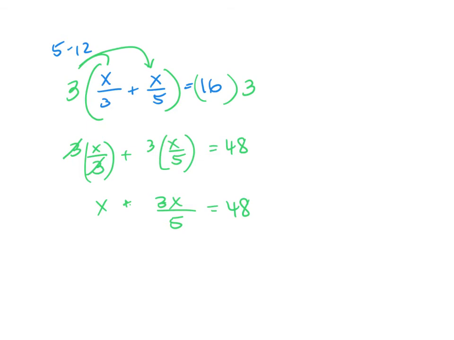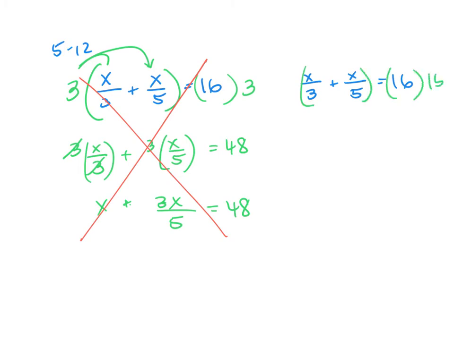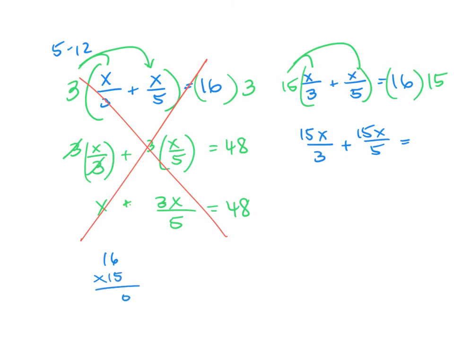What if that didn't work. So let's try, what if I multiplied by maybe 15? So if I multiply both sides by 15, again, the distributive property says this. Then I get 15x over 3 plus 15x over 5 equals 16 times 15. I'm going to do that over here: 240.